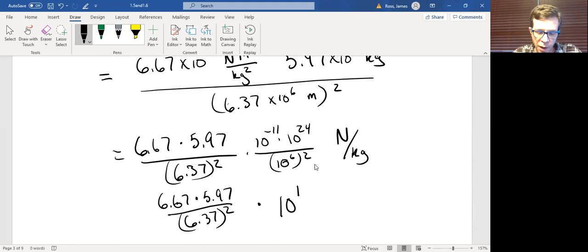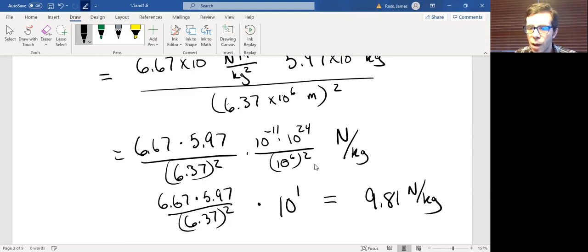So if we take 6.67 times 5.97 divided by 6.37 squared, the actual number we get here is 9.813 and more digits. I've done it to 3 significant figures because of the values I use. So let's stick with 9.81 newtons per kilogram. And that's the gravitational field strength on the surface of the Earth.